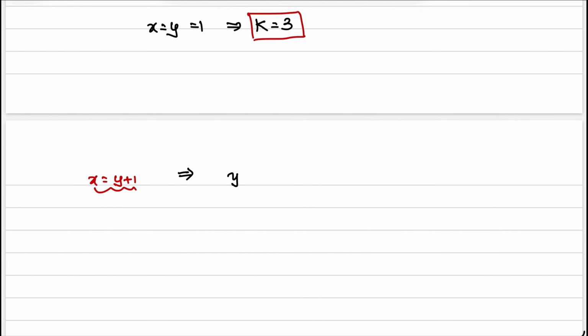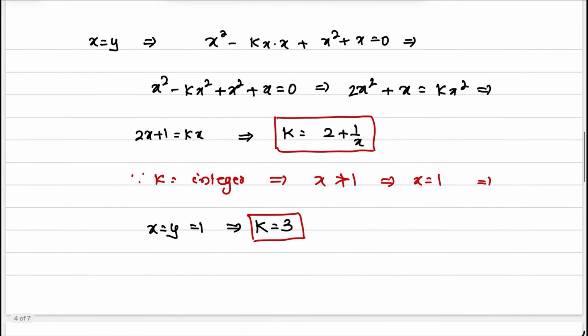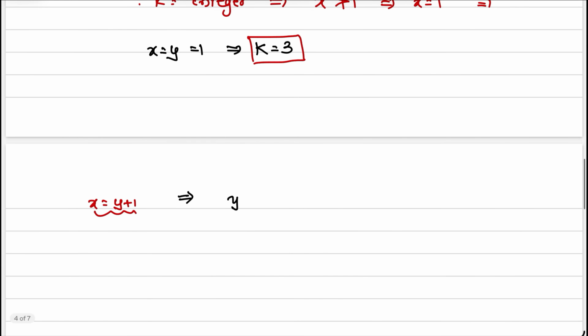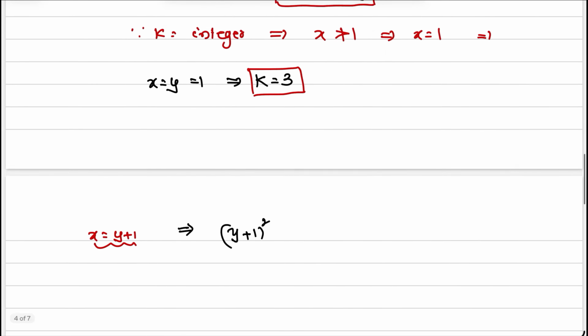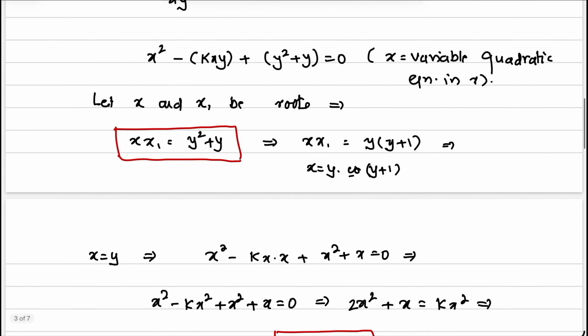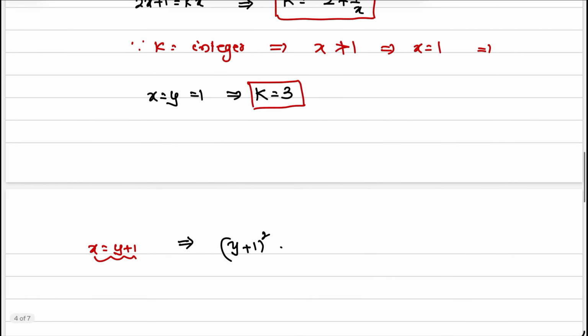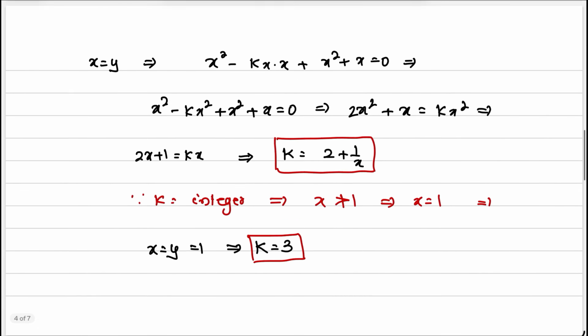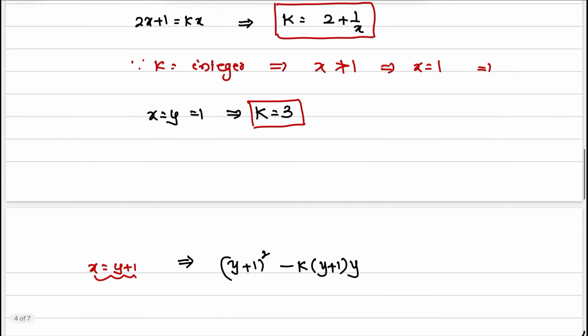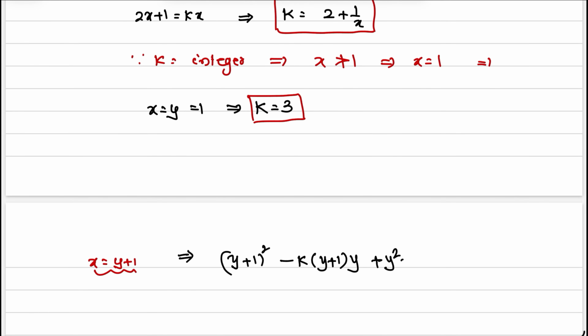We can write x is equal to y plus 1. Then it will be y plus 1 whole square minus k into y plus 1 into y plus y square plus y is equal to 0.